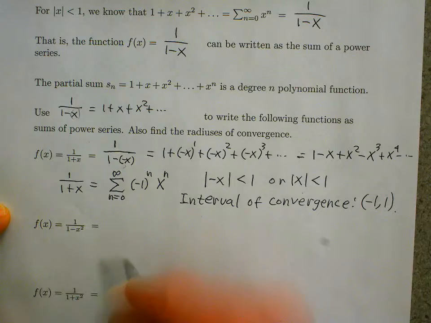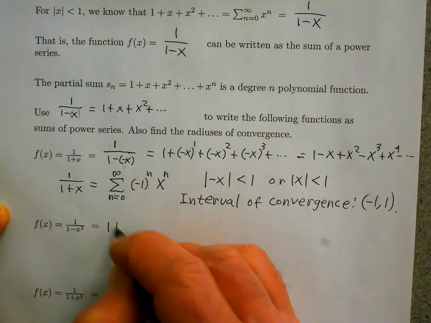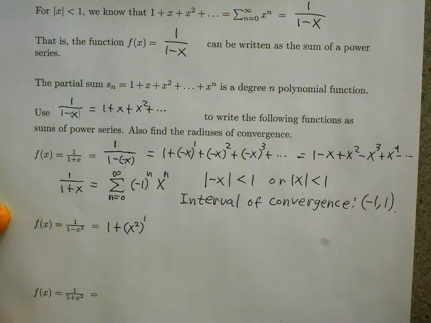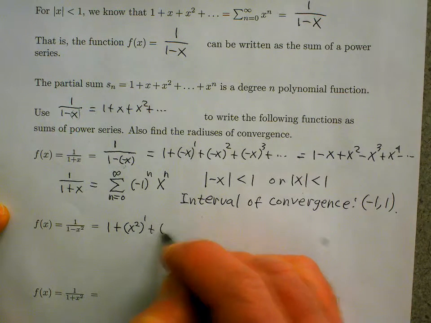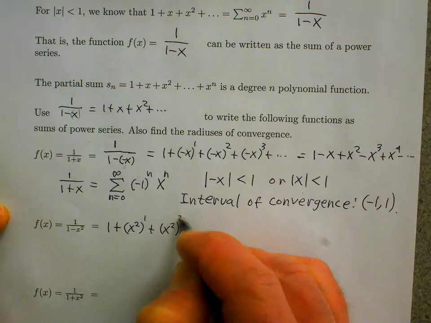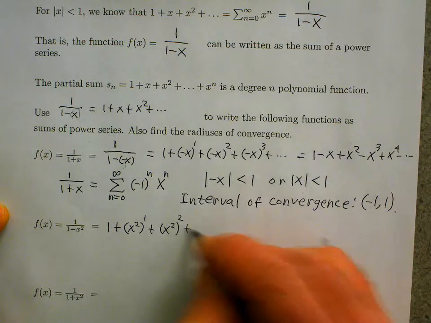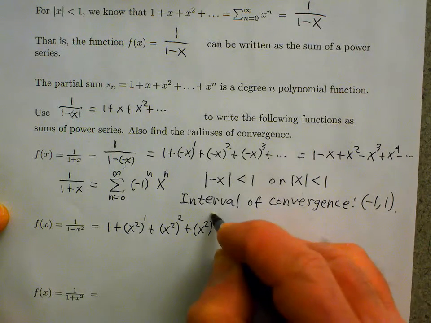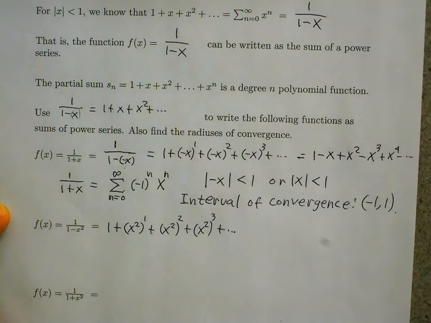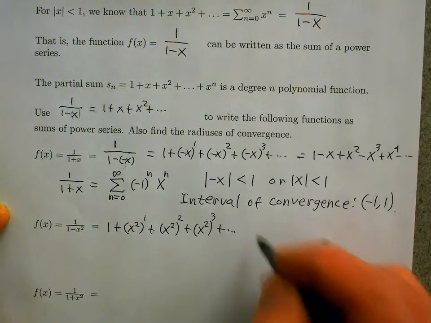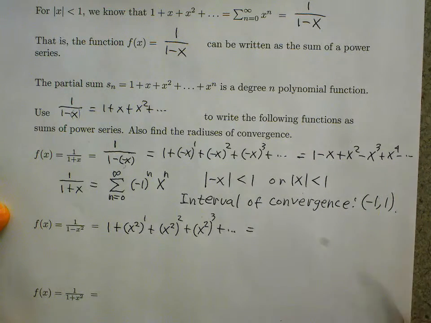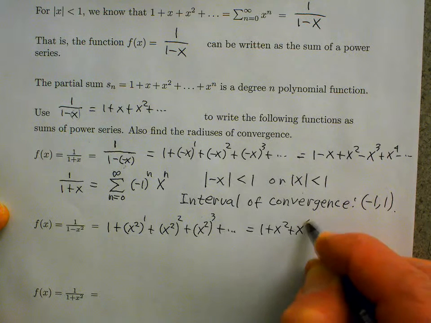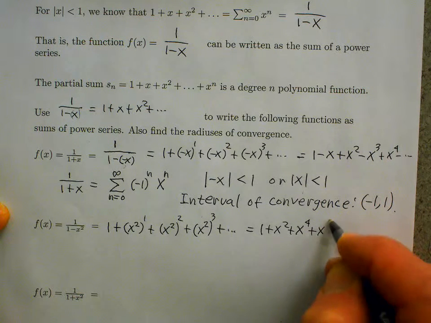So this is going to be 1 plus x squared to the first plus x squared to the second plus x squared to the third, and so on. So we'll simplify those, and we get 1 plus x squared plus x to the fourth plus x to the sixth, and so on.